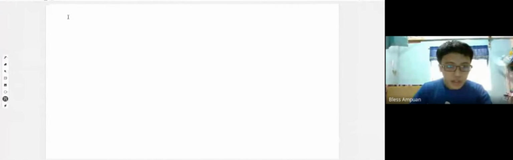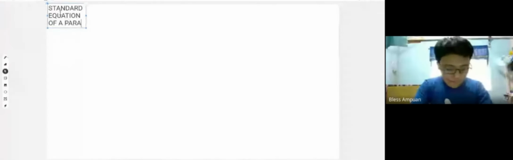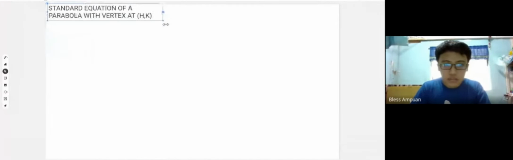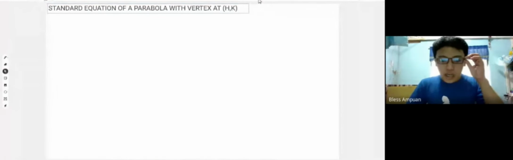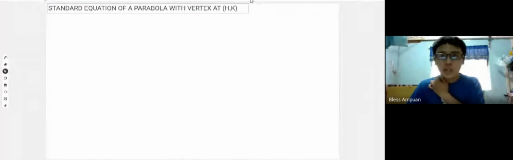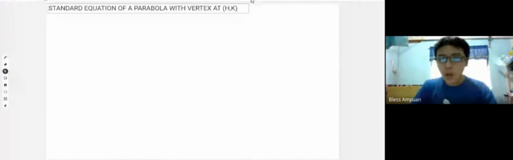This is the standard equation of a parabola with vertex at h and k. In this topic, what you need to do is study and know how to plot the curve.